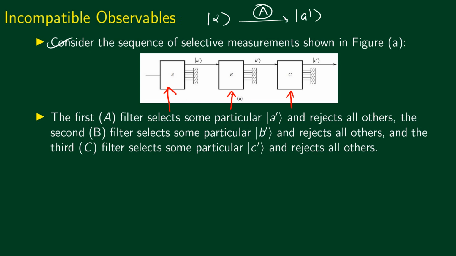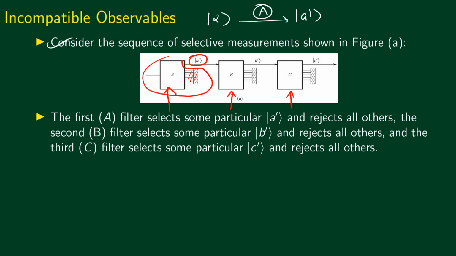We don't know the state of the electrons entering measurement apparatus A, but we know that the states of the electrons coming out are eigenkets of observable A. I choose a particular eigenket, say ket A prime, and block all others. So I have prepared some electrons in the state ket A prime using the first filter.